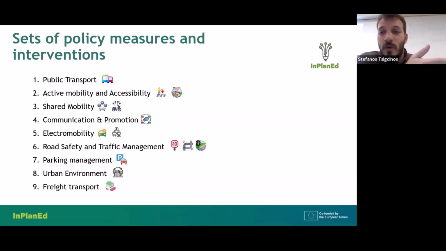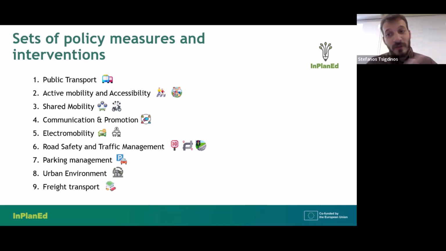Cycling routes or walking routes are very important for the second group. The third group is shared mobility, car sharing or e-bike sharing, or even sharing minibuses, which is something between public transport and shared mobility. So we find these kinds of solutions here.